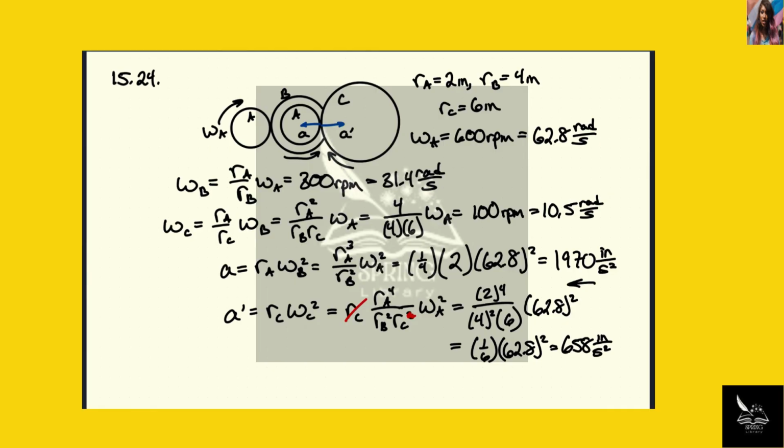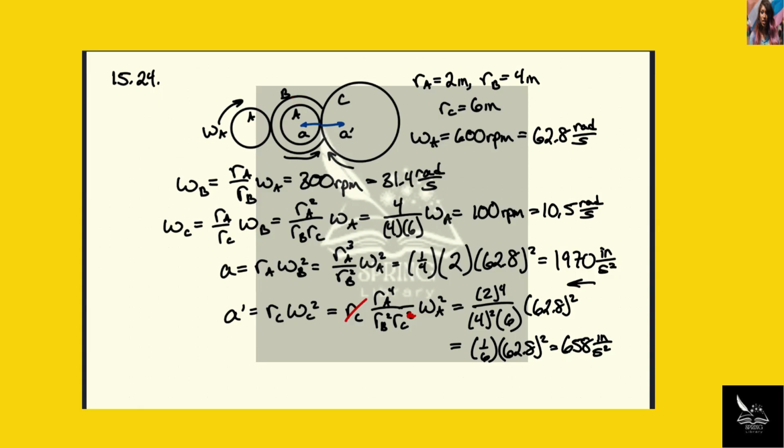Now, for the acceleration, what did they ask us for? Angular velocities of gears, the acceleration of points on gears B and C. So on B, I'm assuming that they are saying the acceleration at a point on the outside of it.